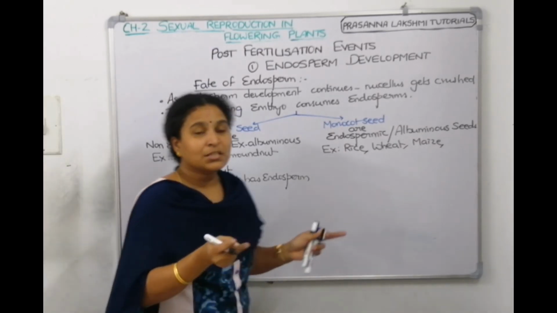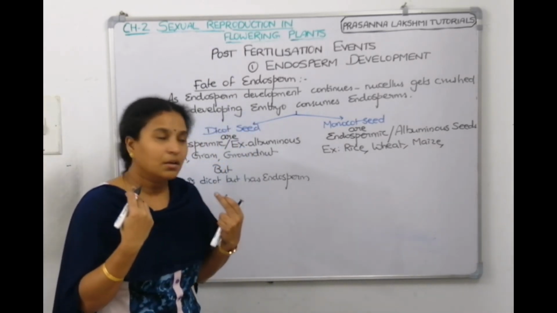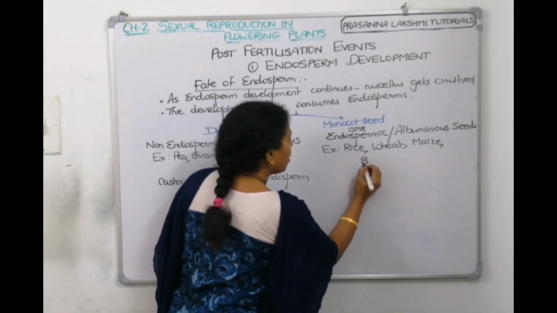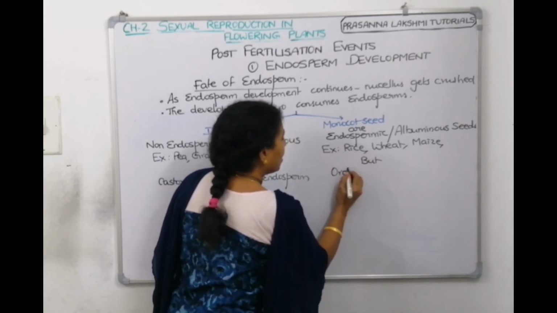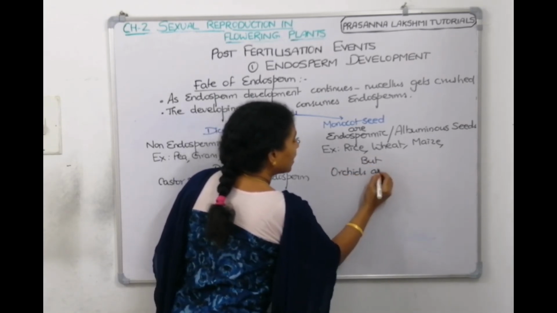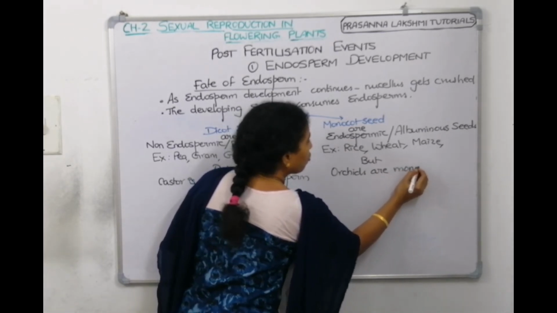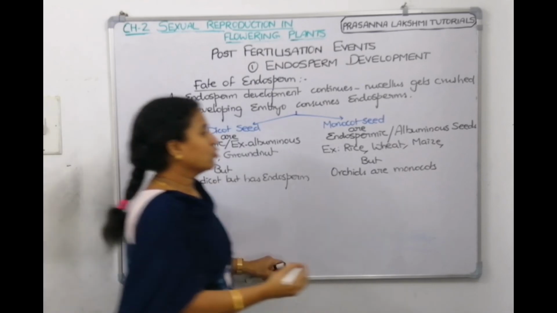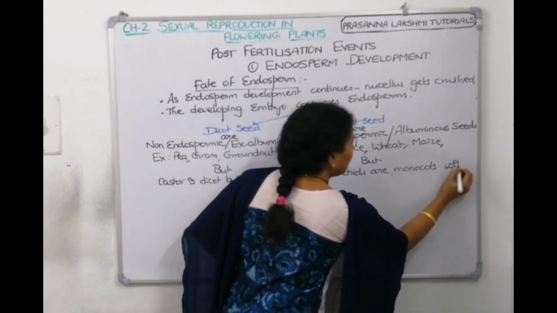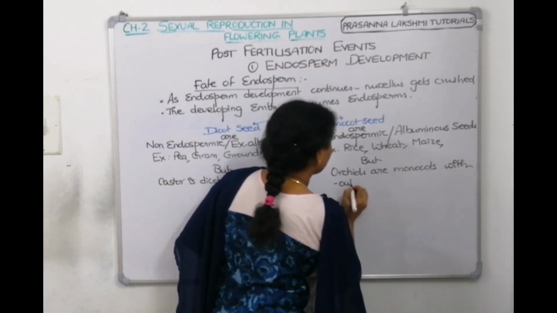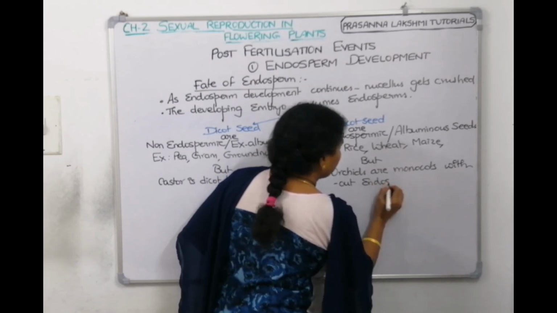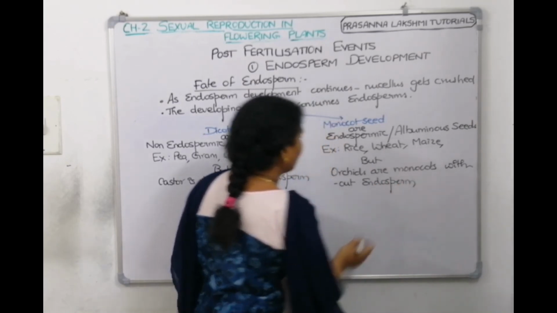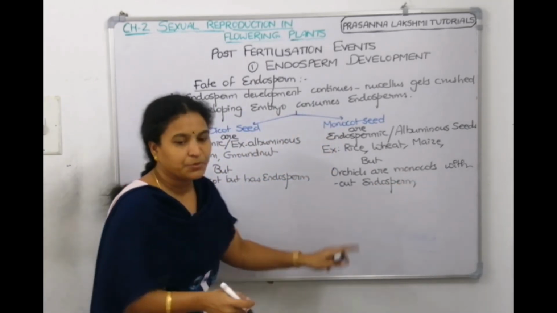Whereas we have to list a monocot which is non-endospermic: orchids. What are they? They are monocots. Orchids are monocots without endosperm. So, these are the exceptions here and here.